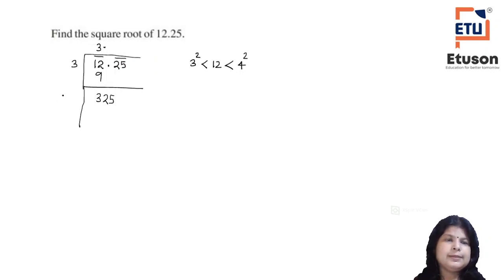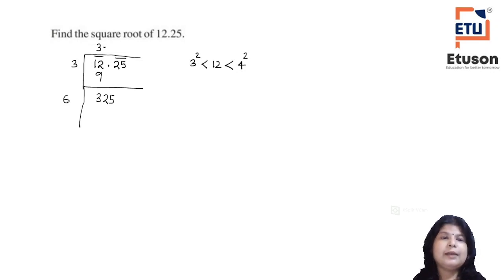Your new divisor will be 3 into 2, that is 6, with a blank. Now this blank we have to fill up. So now you have to put the number in such a way that the number you put adjacent to 6, when multiplied with the new number, should be less than or equal to 325.